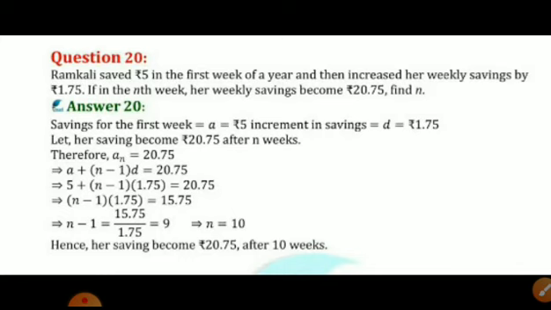Hope the questions from your exercise 5.1 are clear to you. Okay. So homework I'll be giving. The homework which I'm going to give is of a similar type to what we have seen in the previous video, the first video of the AP. The question is: find the 20th term from the last of the AP.